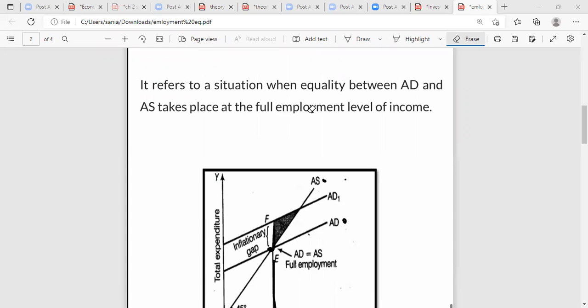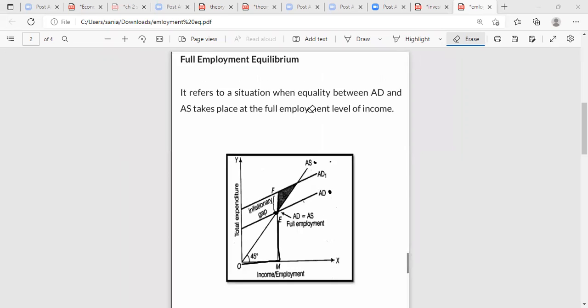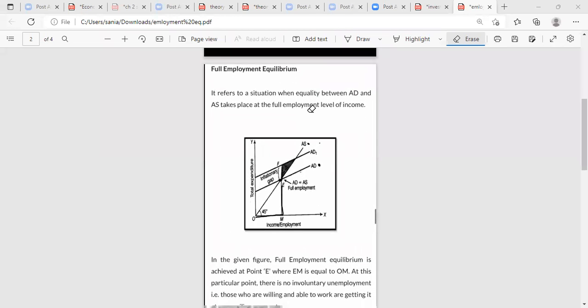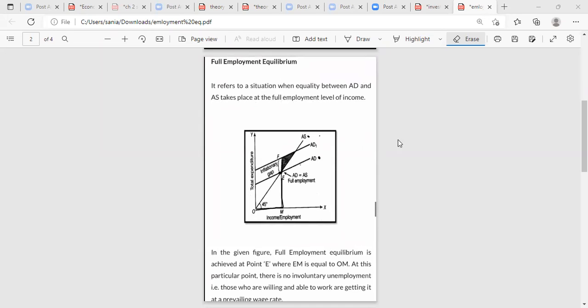Those who haven't done this, you can take a screenshot of this and complete it before entering the next class. Take the screenshot and complete the full employment equilibrium at your home, after the class. Clear?